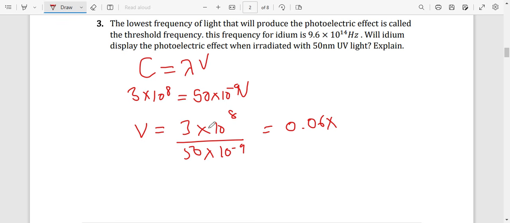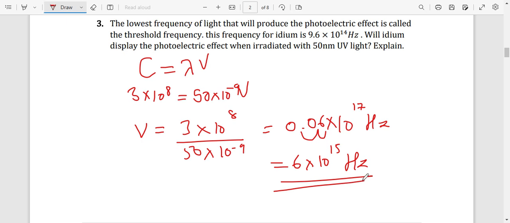That will be 0.06. Then times 10 to the power 8 minus negative 9, it is going to be 10 to the power 17 Hz. This one I can also write as 6 times 10 to the power 15 Hz. So what do you think? This is the frequency that we've projected.